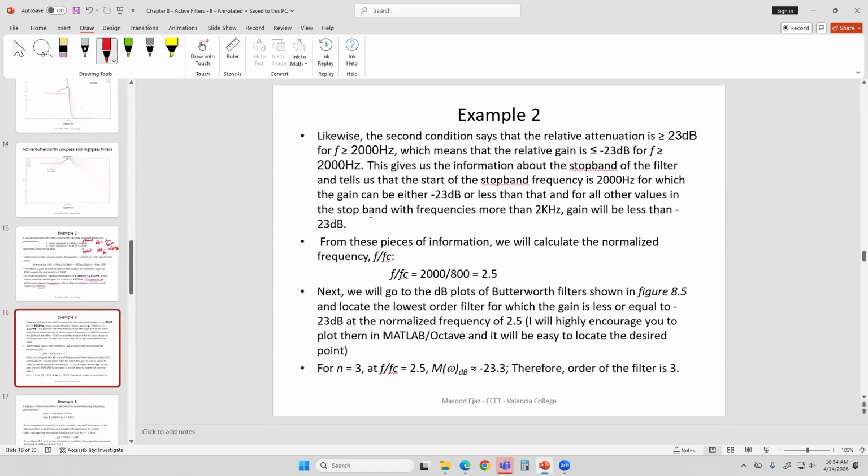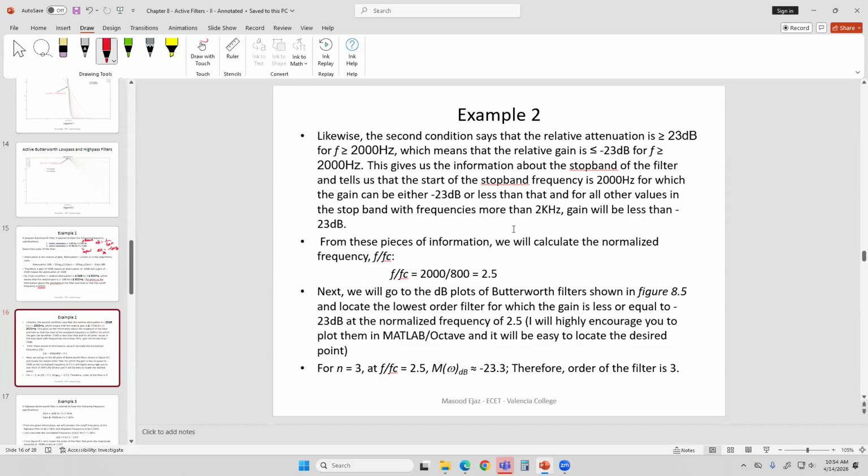So the second condition says relative attenuation is 23, which means that the relative gain is less or equal to negative 23 decibel for f greater or equal to 2000 hertz. This gives the information about the stop band of the filter, which tells us where the stop band is starting, about 2000 hertz, and for which the gain can either be negative 23 decibel or less than that, negative 24, negative 25.